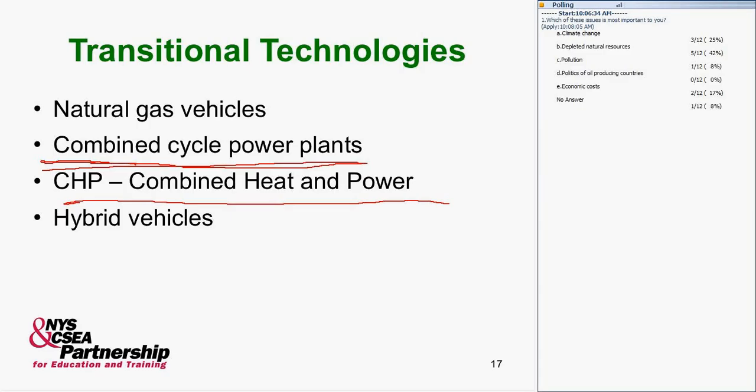That's a pretty typical thing for state facilities, for large facilities. In New York City, they make electricity and they sell the steam off to heat the buildings. And hybrids. We're burning gasoline, but we're burning it more efficiently simply because of all the wasted energy from stopping and starting back into running the car.